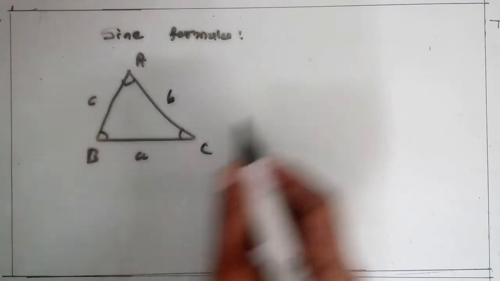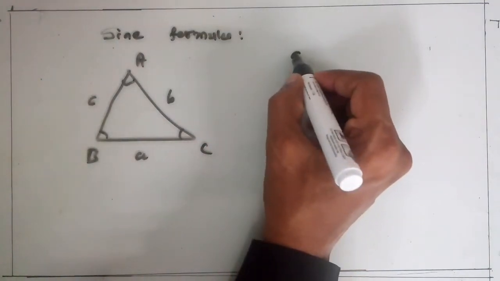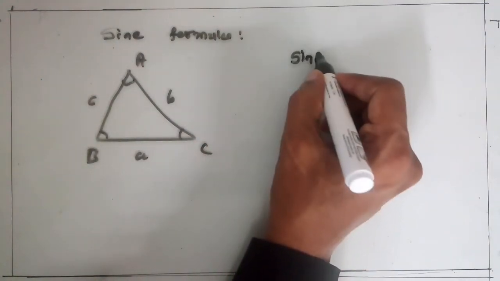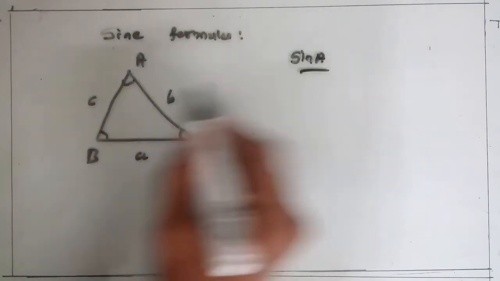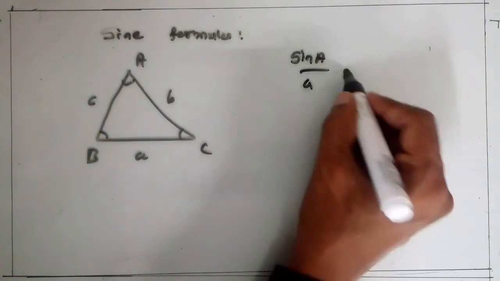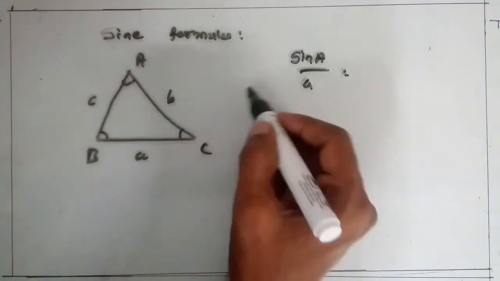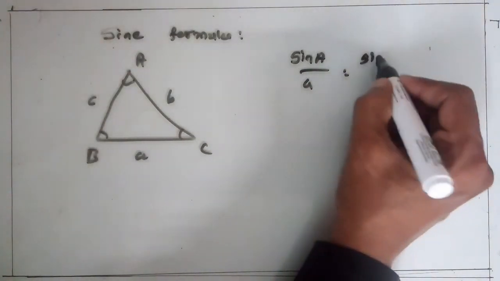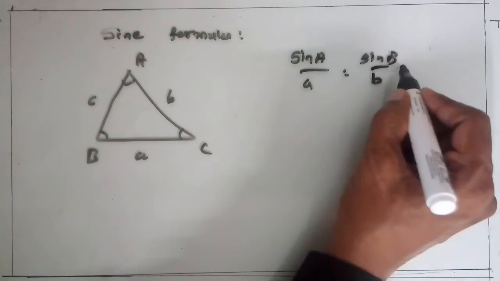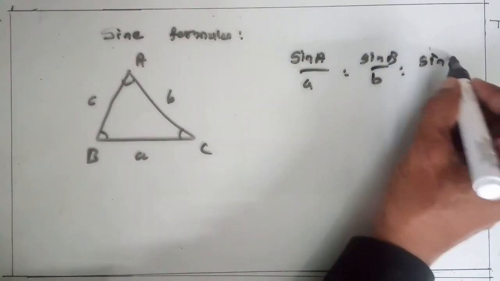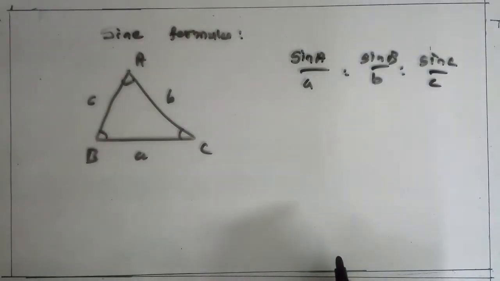Then remember this formula: sin A upon a is equal to sin B upon b is equal to sin C upon c. Clear?